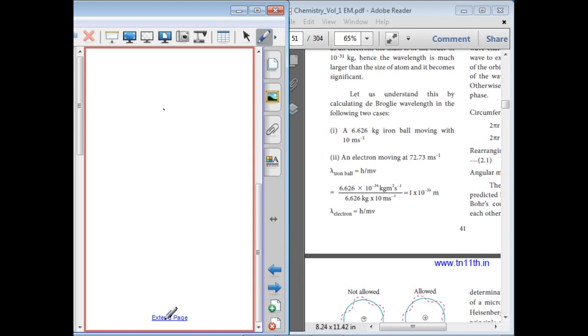The next one, an electron moving at 72.73 meter second inverse. The formula lambda equals h by m into v, h equals 6.626 into 10 power minus 34 kilogram meter squared second inverse.